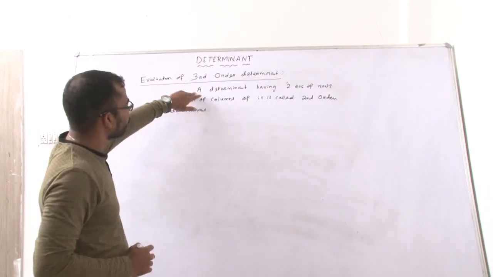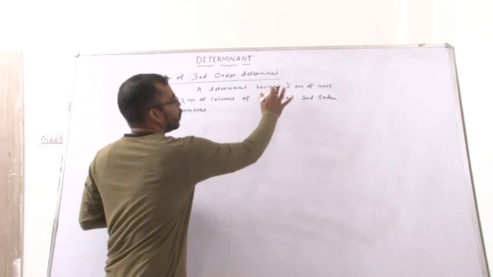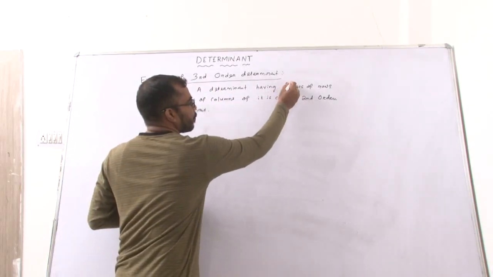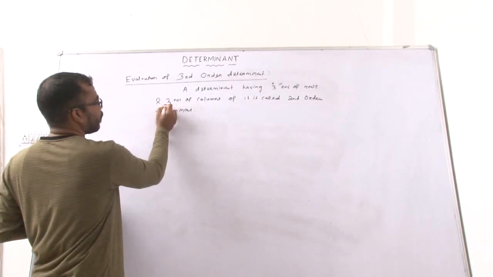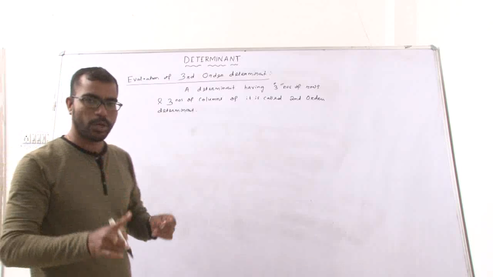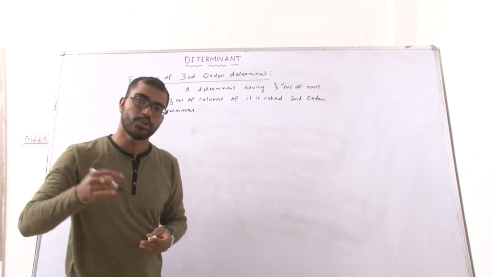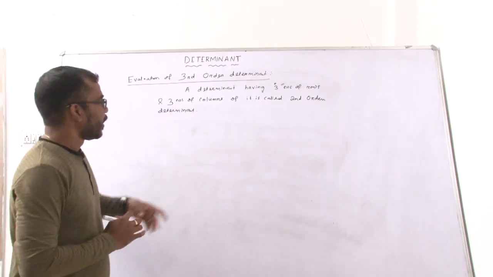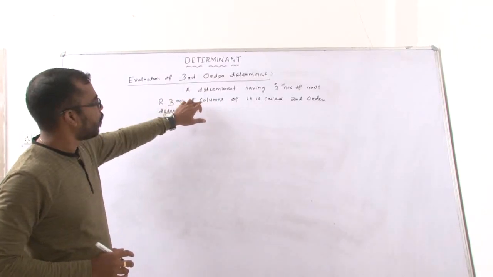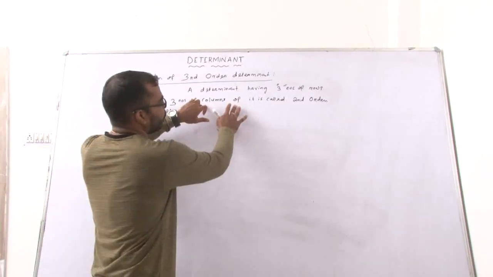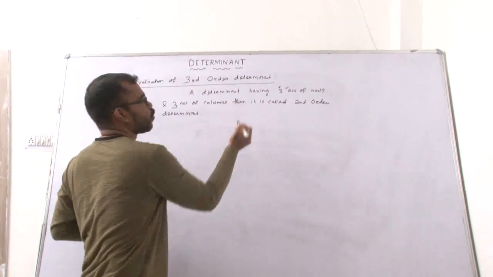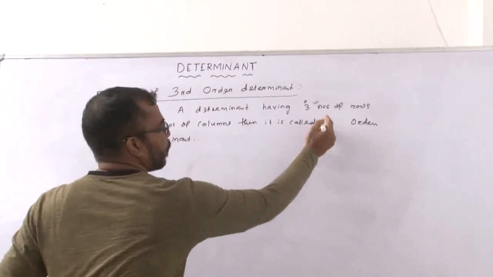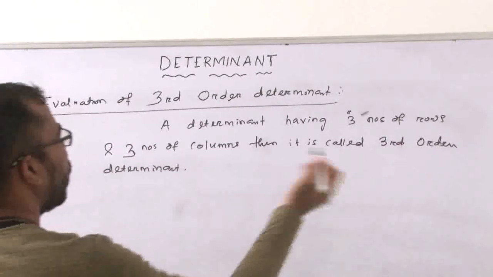Similar definition: a determinant having 3 rows and 3 columns. That means the number of rows and the number of columns are both equal to 3. Then it is called a third order determinant.